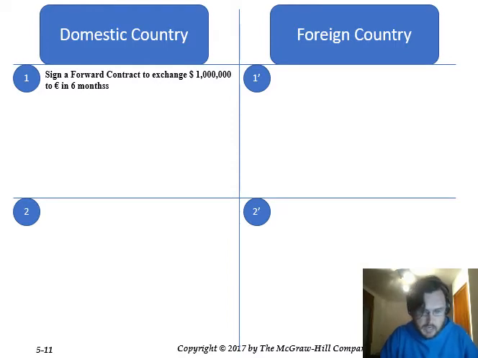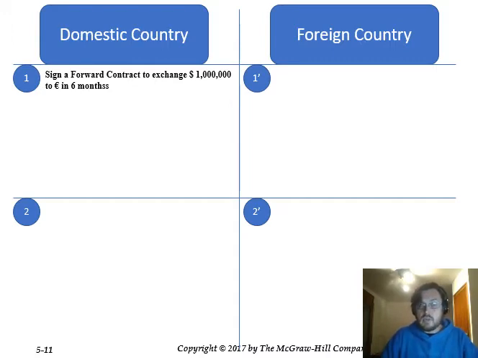Remember, we are a Spanish company receiving $1 million in 6 months. So let's go for the domestic country. The first question that we need to ask ourselves: do we know how much money we are receiving in our currency in 6 months? No, we don't. We know that we're receiving $1 million. We don't know how many euros that's going to be.